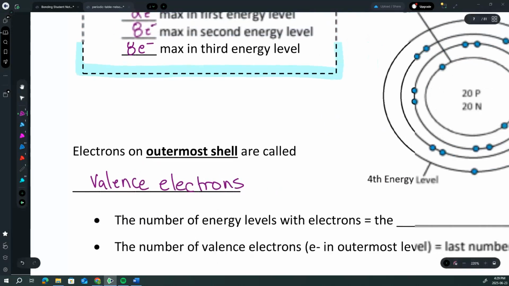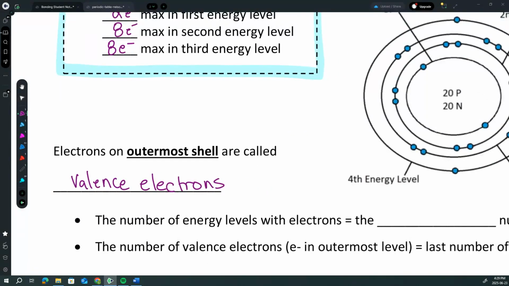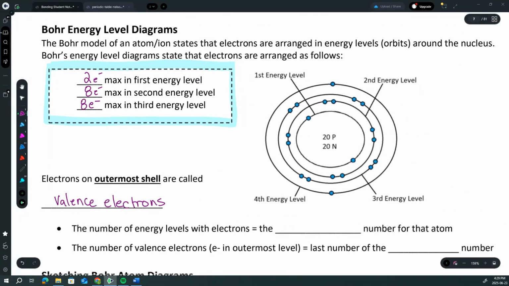Now, why would we give a special name to electrons that are just in the outermost shell or outermost energy level? In this diagram off to the right here, there are 2 valence electrons.